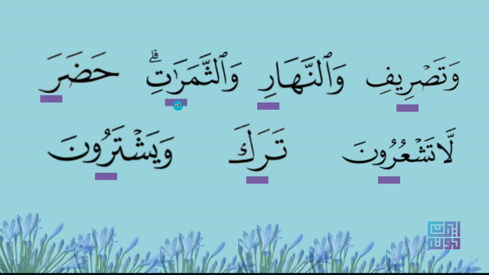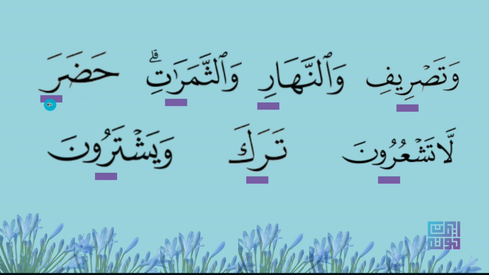Ra fatha alif, ra. Elevate the ra because it has a fatha on top of it, so it becomes wathamara. And then ta kasra ti, wathamarati. Let's take this one. The ra, it has a fatha.